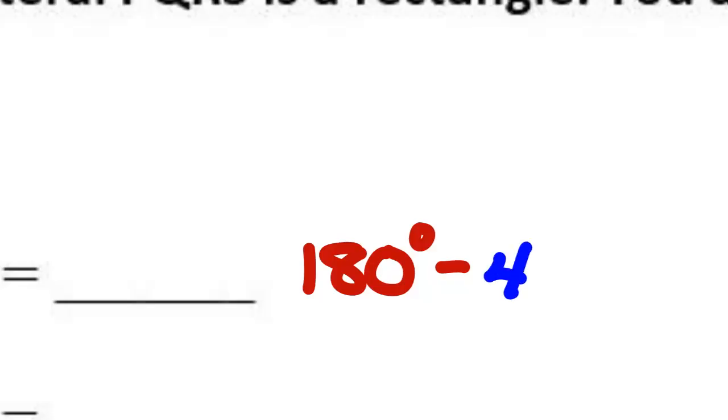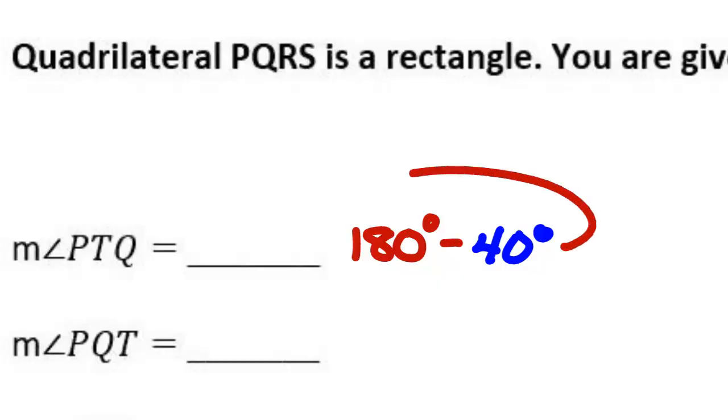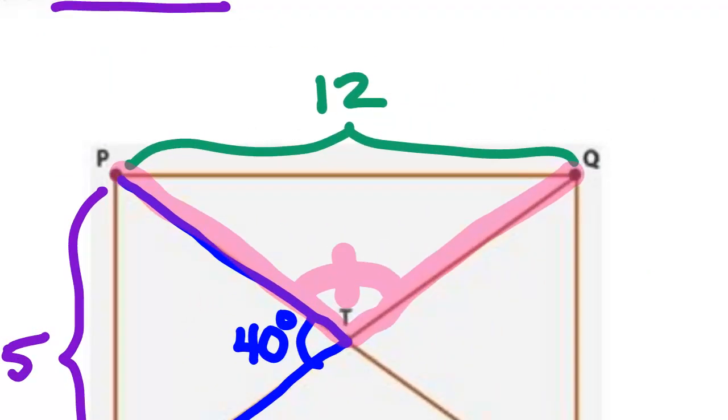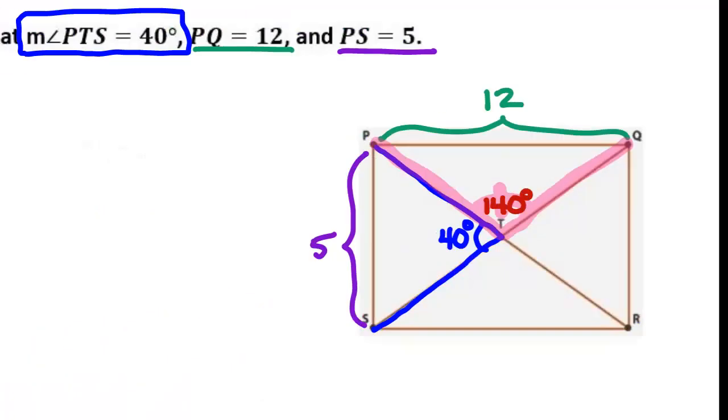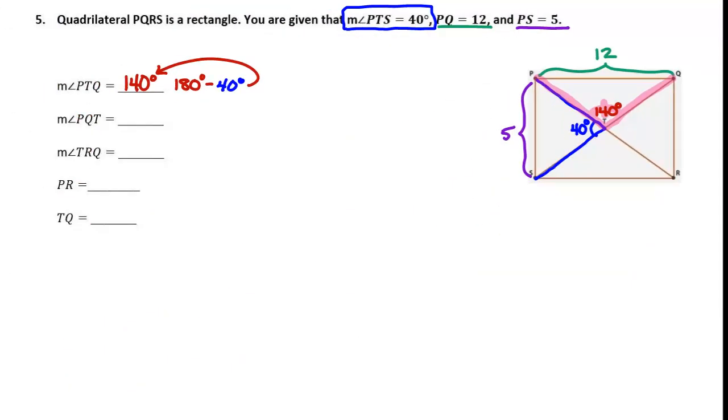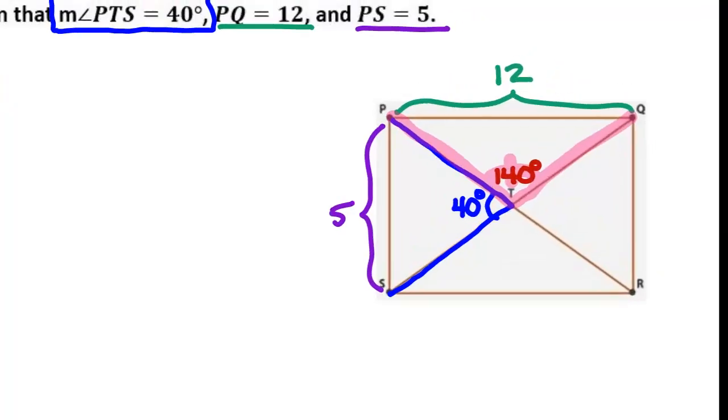Yes, we're going to do 180 minus 40, and that'll give us what? 140. So PTQ is 140 degrees. Beautiful.